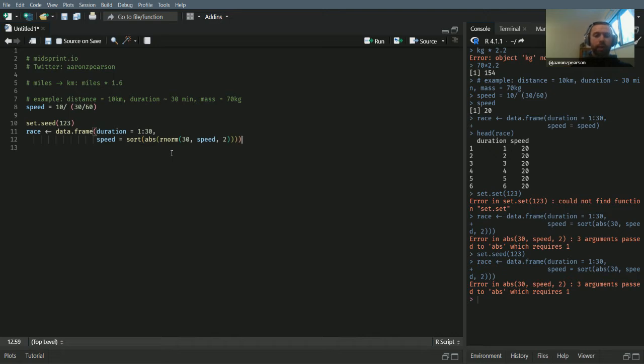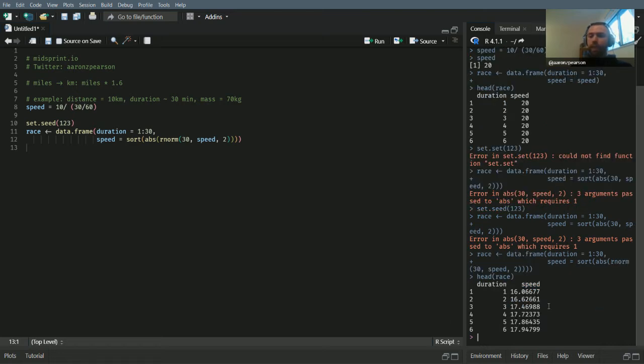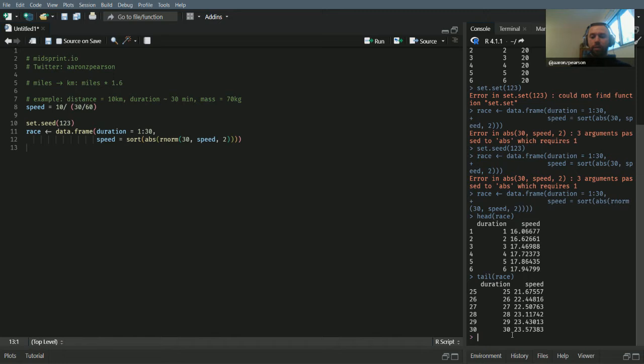So that's randomly but normally distributed data. So we'll look at the head of race again, and we see that this person starts at 16 kilometers an hour and moves up. And if we wanted to see the last 6 rows, we can use tail. And here we have this individual moving up and finishing the race at 23.5 kilometers an hour.